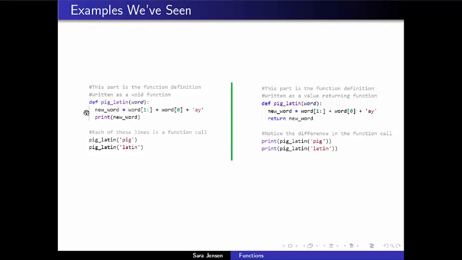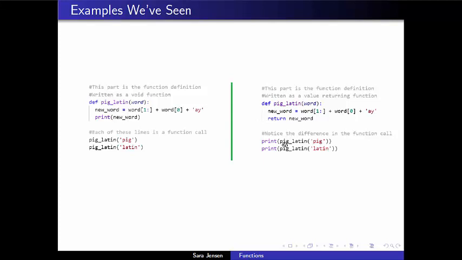If we ever wanted to get our hands on just the Pig Latin version, and then perhaps do something else with it other than print it, this void function would not serve our purposes. We can rewrite this void function a little more easily as a value returning function, where we have the same first line of our function defining the Pig Latin word, but instead of printing the new word, the Pig Latin version, in the body of our function definition, we simply return the Pig Latin word to the user.